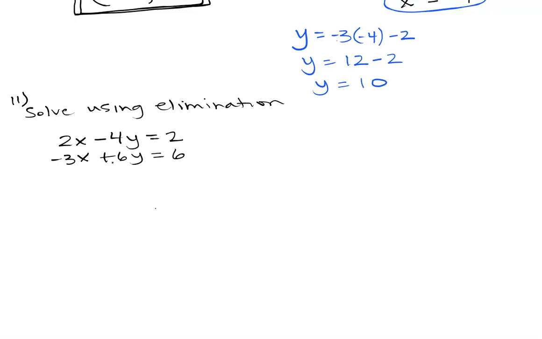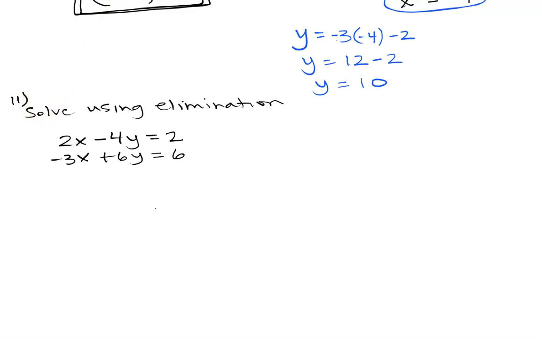And sometimes one is easier than the other. But on this one, it's probably about the same. It doesn't look like it's really easy. And what I mean by easy is, maybe you would only have to multiply one equation by something to get one of those variables to eliminate.